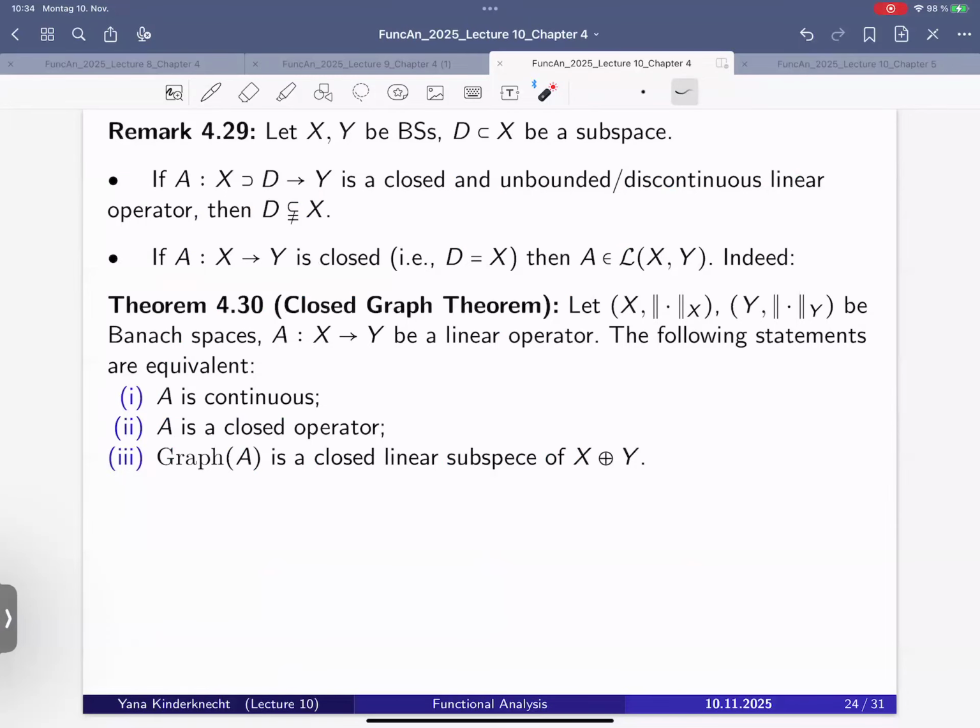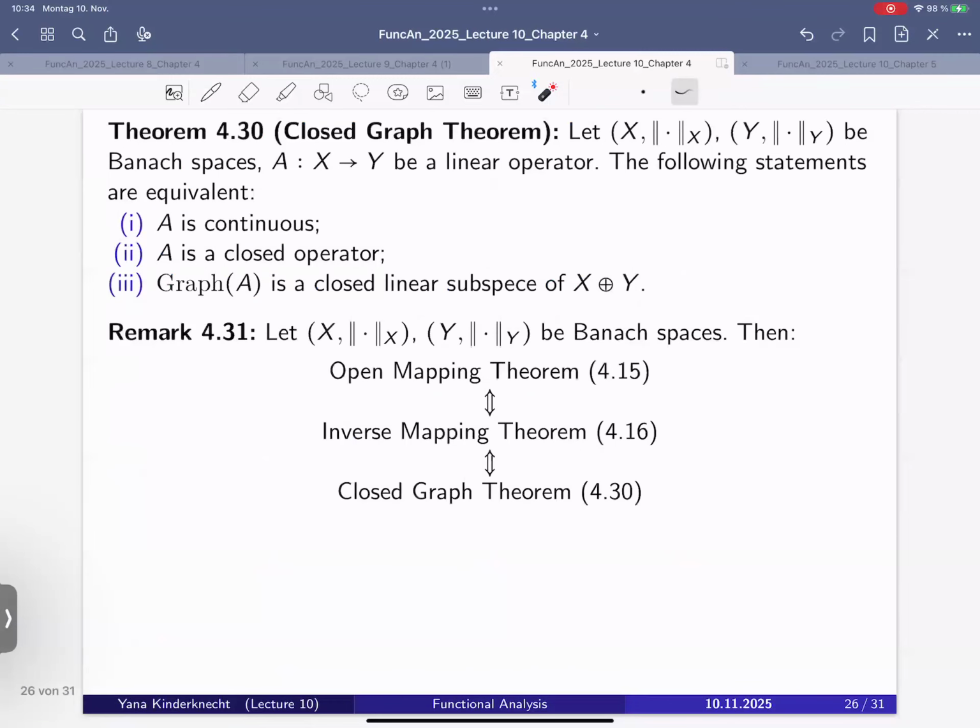Okay, so the achievement is this closed graph theorem. What we have shown so far: we first showed the open mapping theorem. From this theorem, we obtained the inverse mapping theorem, and also from the open mapping theorem, we obtained the closed graph theorem.